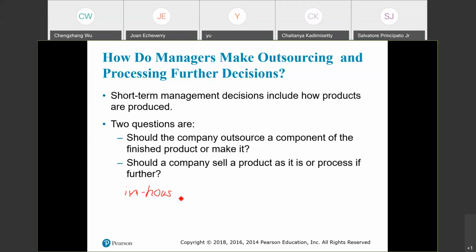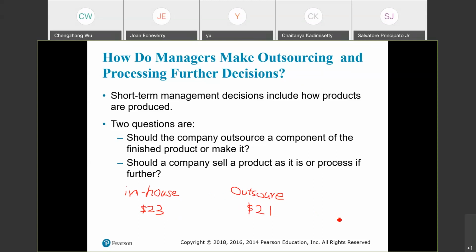To make it in-house, the cost is $23 per casing. If the company outsources this part of casing, the cost is only $21.